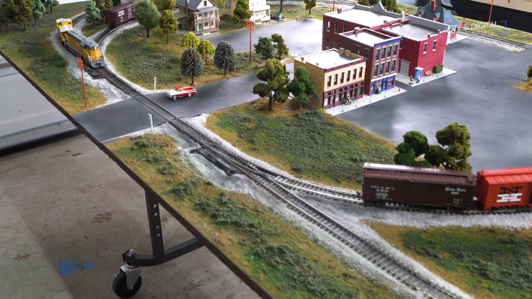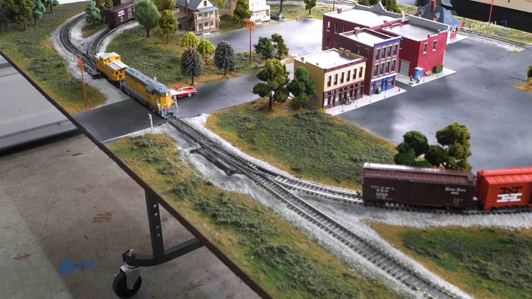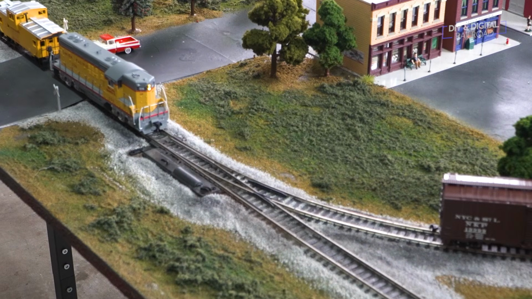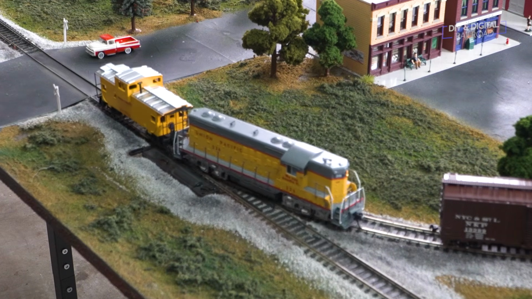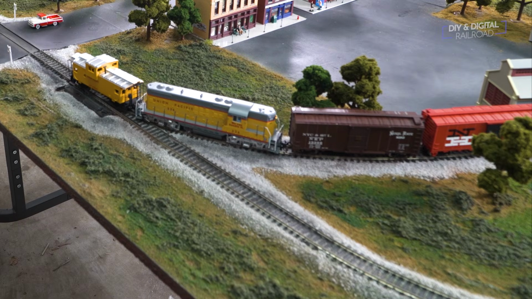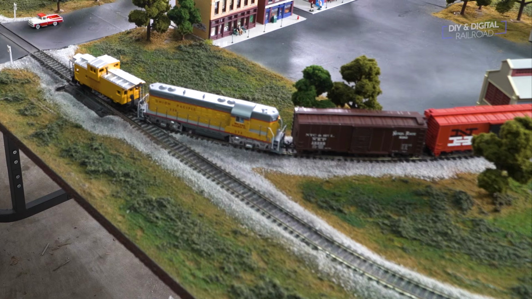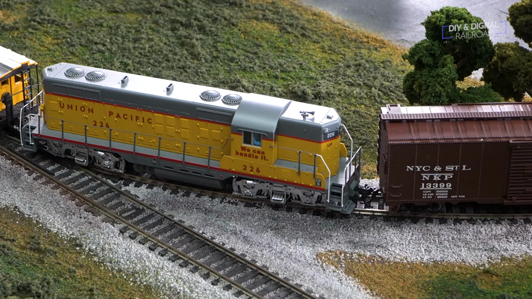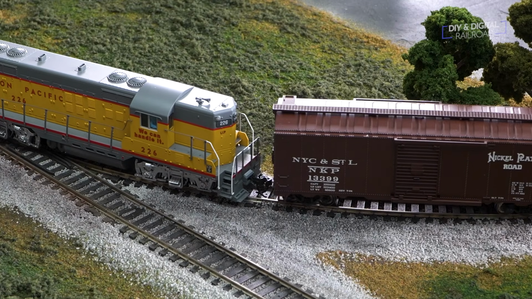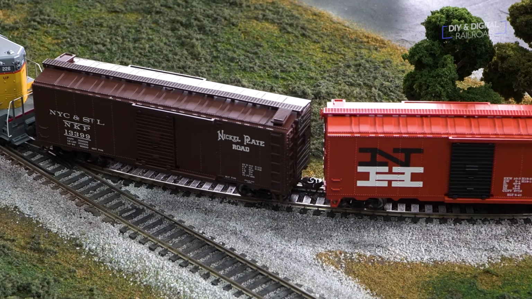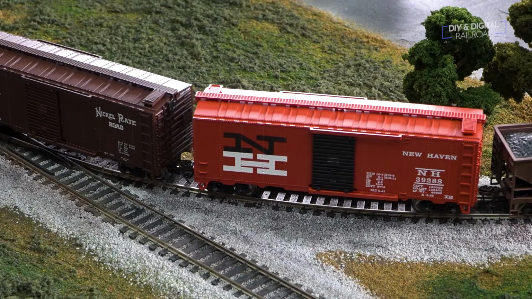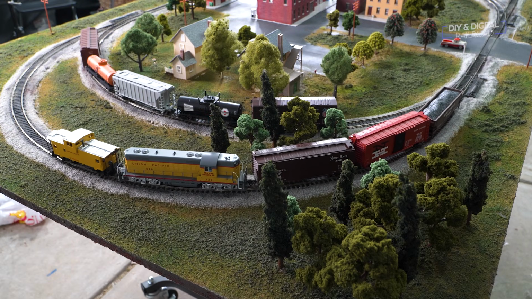First, we're going to remove the cars from the industry that need to be moved. We then reverse to the other side of the siding.